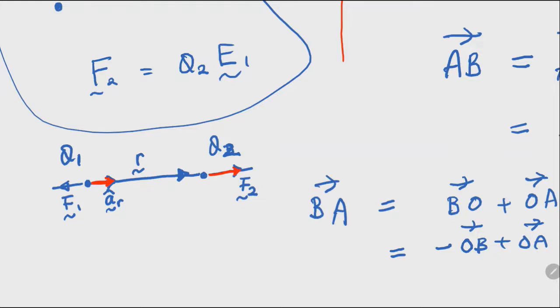So we define our F2 to be in the same direction as the vector R, and we define F1 to be in the opposite direction of R. So when we write the equations, my F2 vector has to be equal to Q1 Q2 over 4 pi epsilon naught R squared, that's Coulomb's law, times AR.